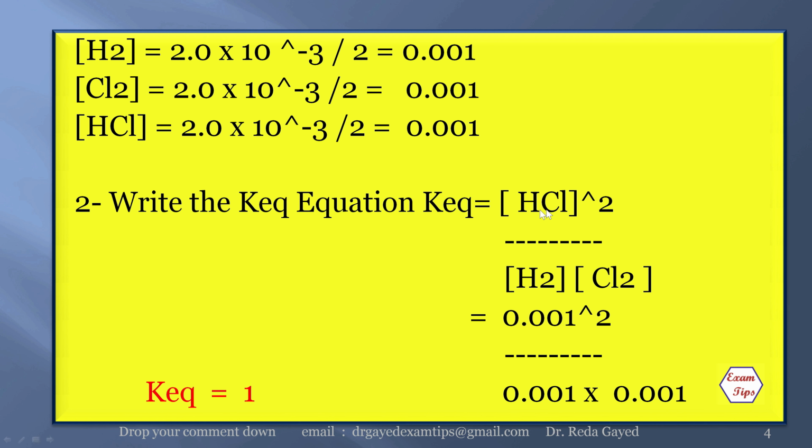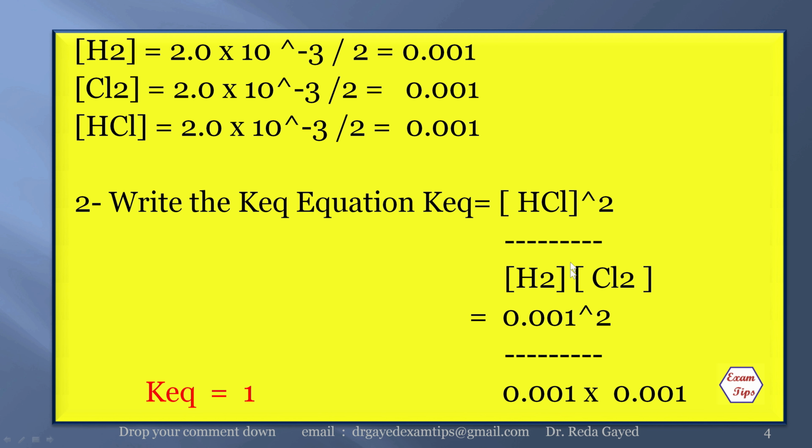So hydrogen chloride HCl to the power 2 over the concentration of hydrogen multiplied by the concentration of chlorine. Here the coefficient of hydrogen and chlorine is 1, that's why we omit it.